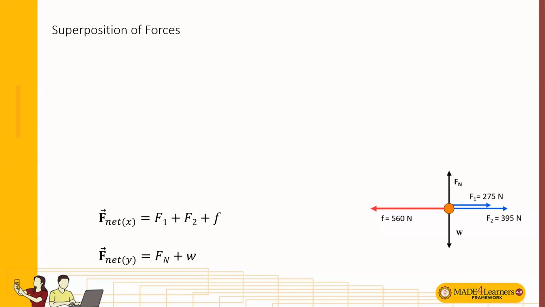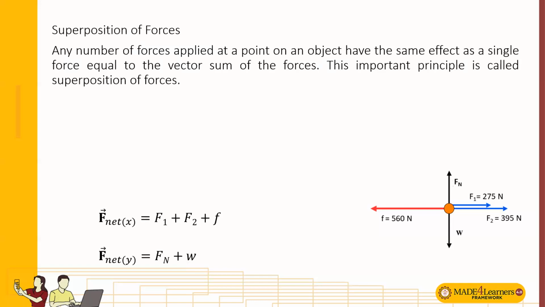So this is what we call superposition of forces. The effect of the summation of the forces has the same effect as a single force equal to the vector sum of the forces. So it's called superposition. So the totality of the forces and its effect on the object: it's as if there's only one force acting on the object, but in reality there is more than one.